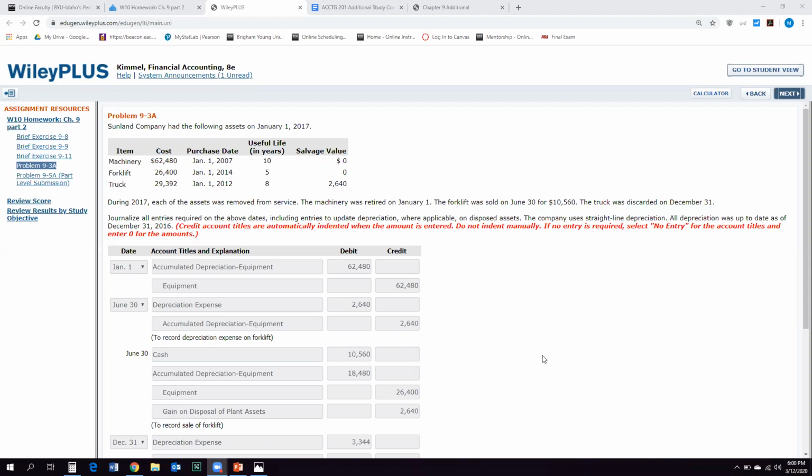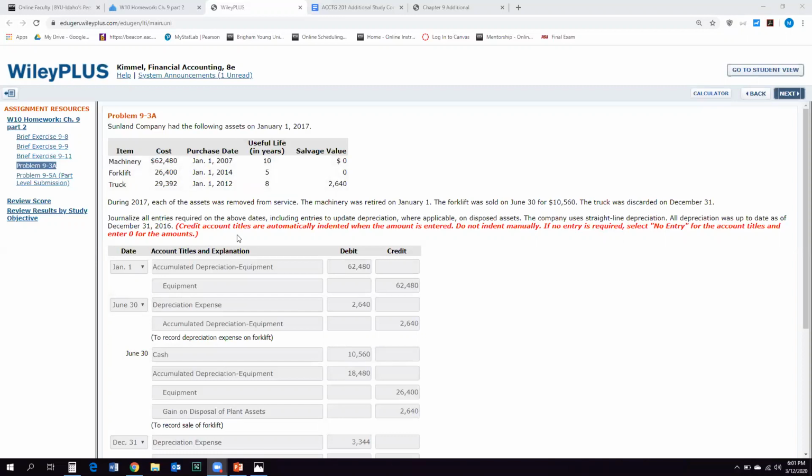So on January 1st, we're recording the retirement of the machinery, right? And it tells us that the machinery has reached its useful life.